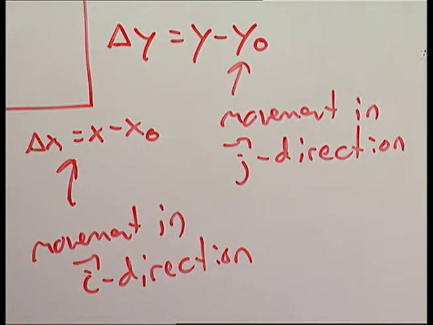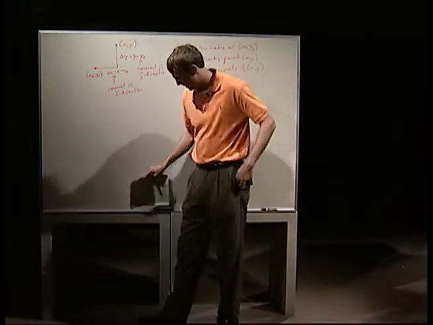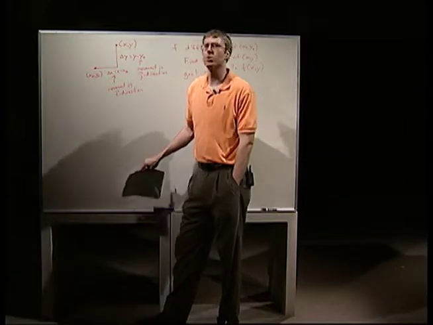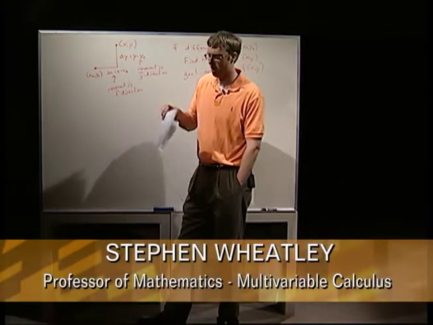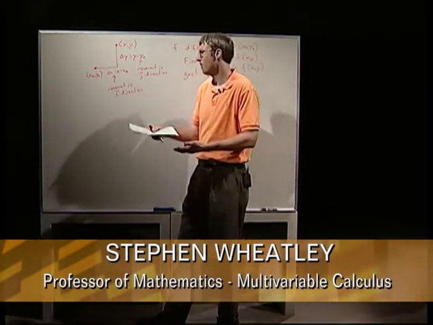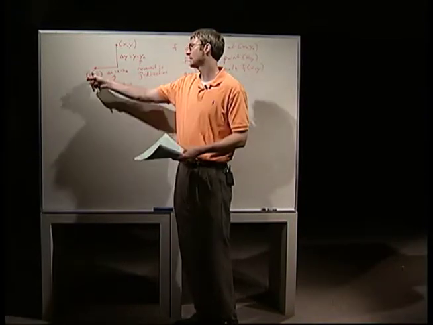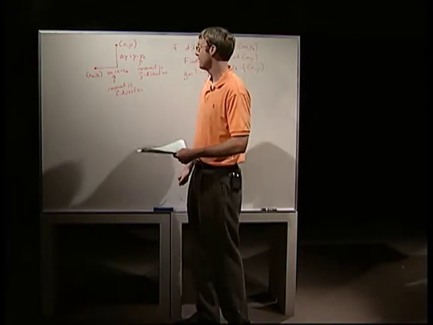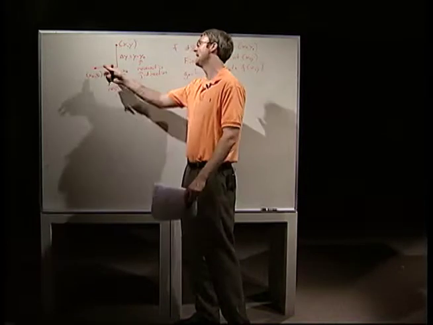So what are the rates of change? Well, if we move strictly in the i direction, then we're talking about partial f, partial x. In fact, we know that partial f, partial x is changing constantly, but if we don't move very far and we look at partial f, partial x at this point, then the derivative is probably going to stay pretty steady around that point.